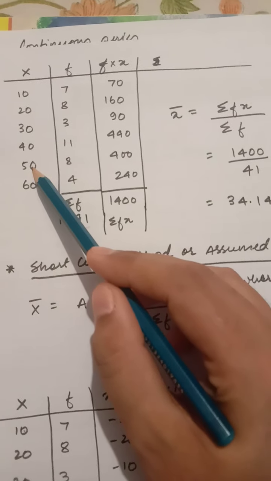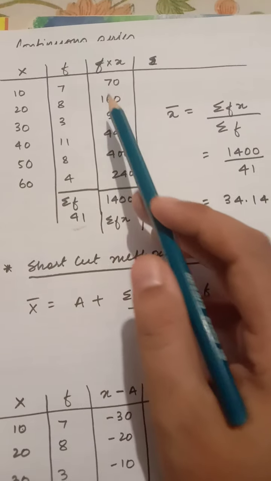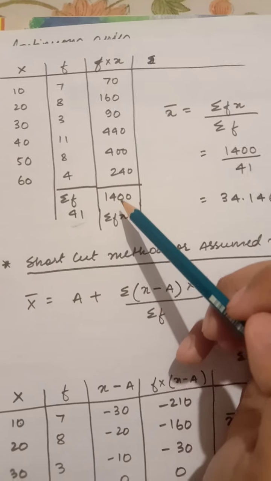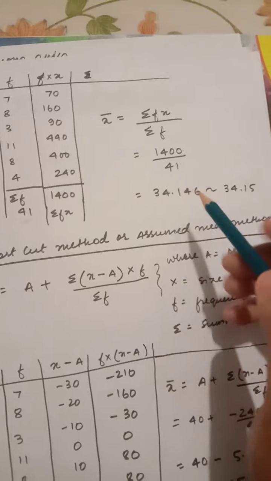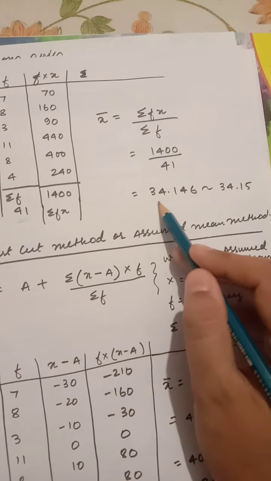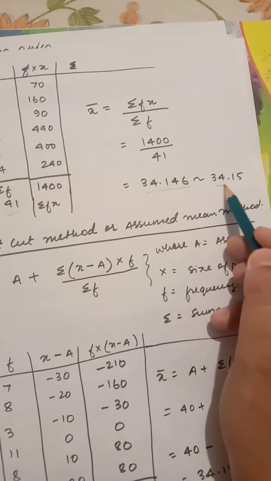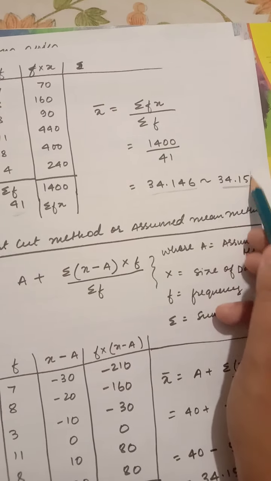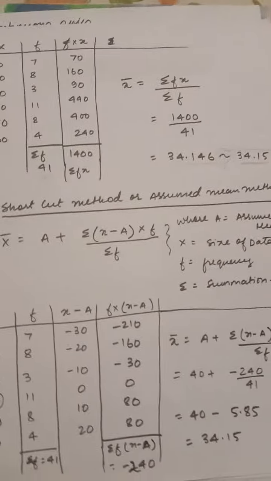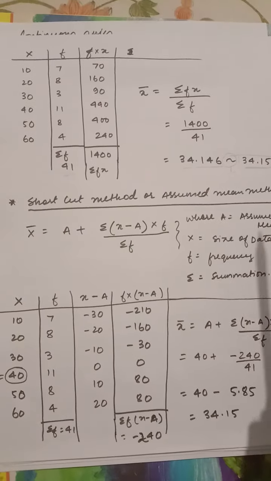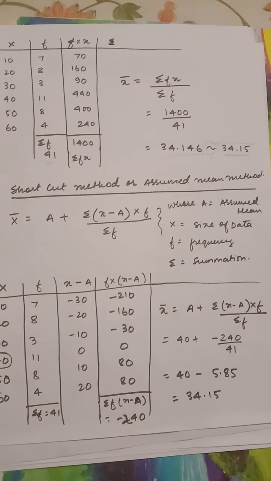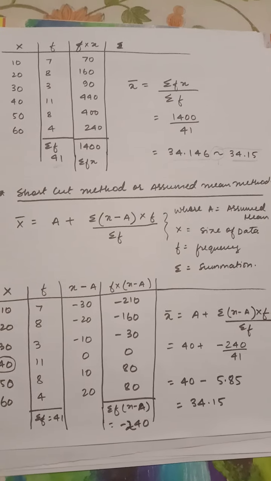So 70, 160, we add them and get 1400, and we implement the formula. Always remember to find the answer to 3 digits and then round it off. See, I have done it. So it is the direct method to find the discrete series mean.